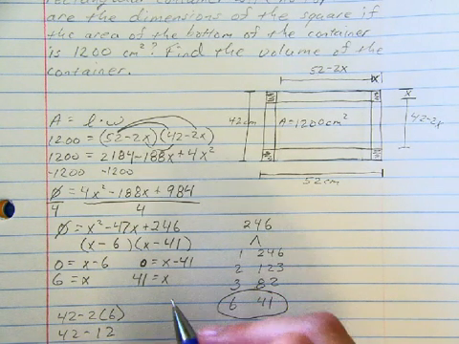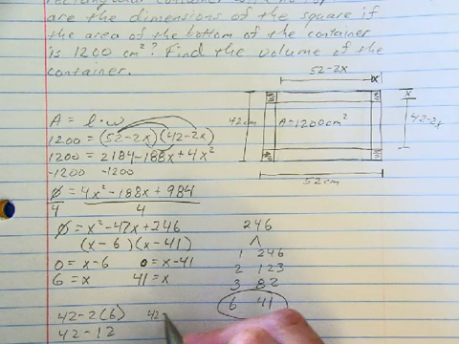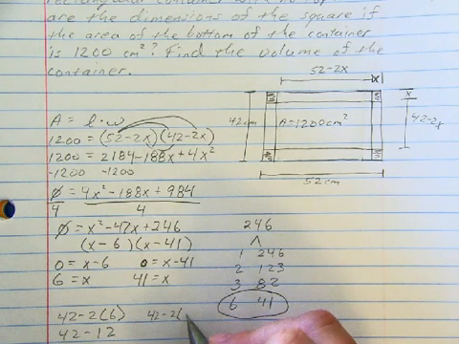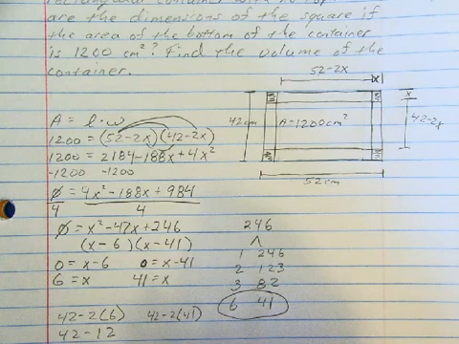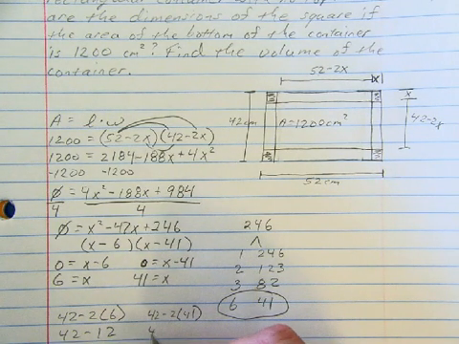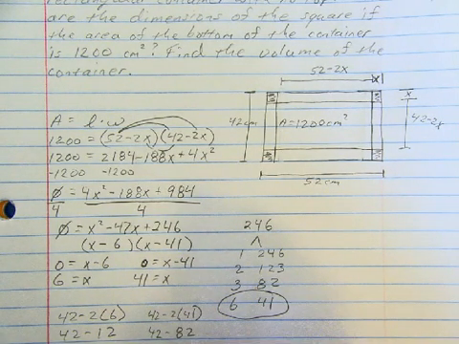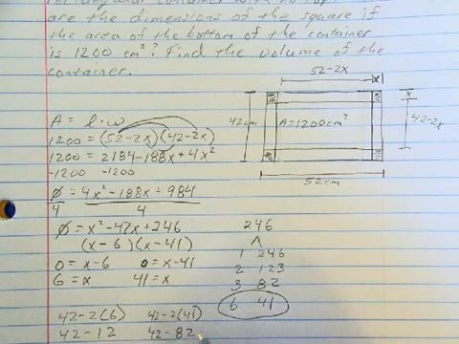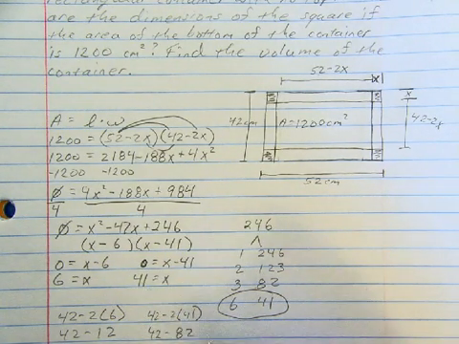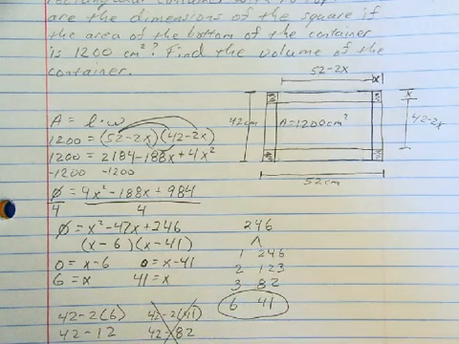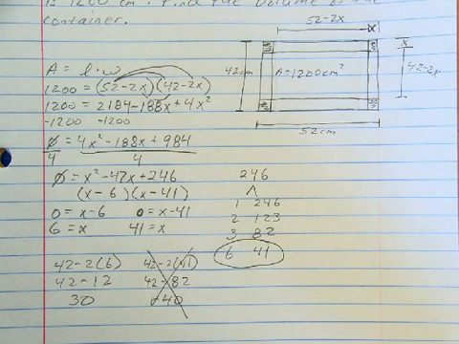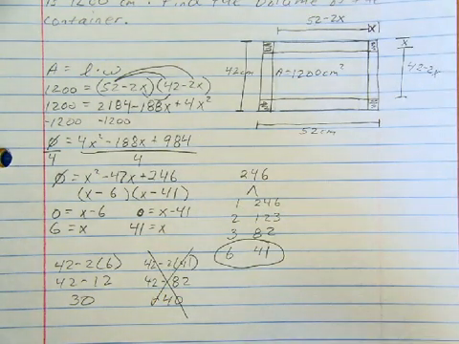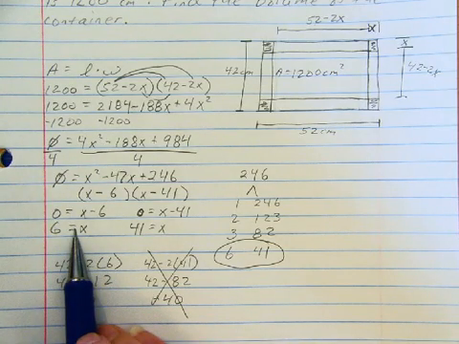If I did 41, 42 minus 2 times 41, that would give us 42 minus 82, which would be a negative 40. So this x equals 41, that's not a plausible solution. It doesn't work, because we can't have a negative 40 for an inside dimension. That wouldn't make any sense. So that means x is going to be 6.